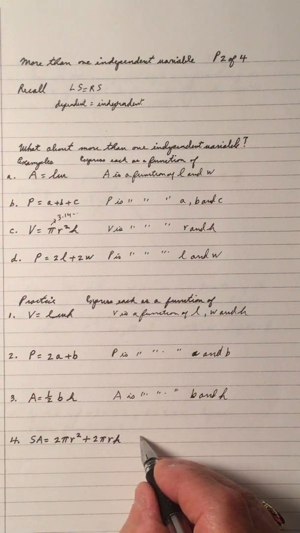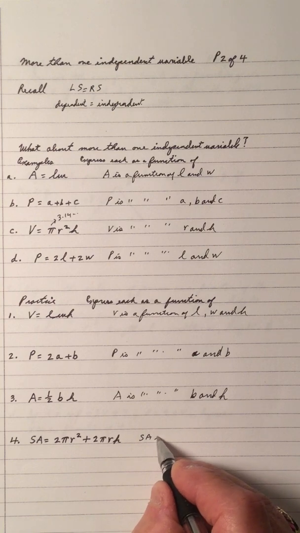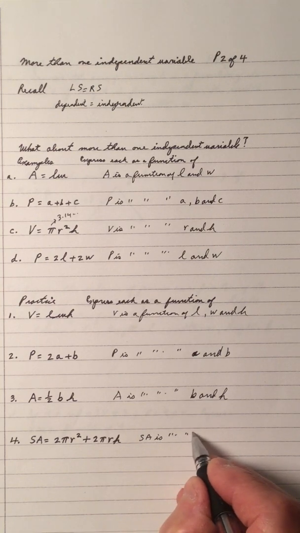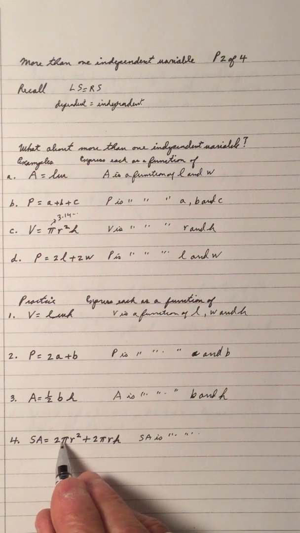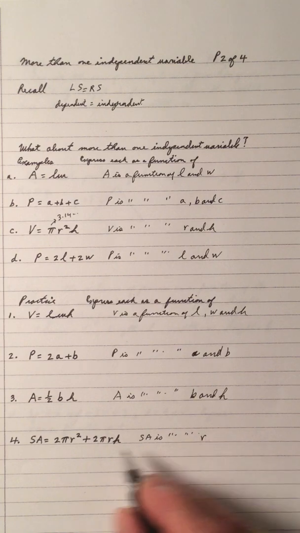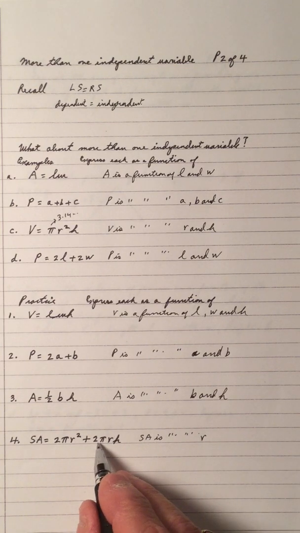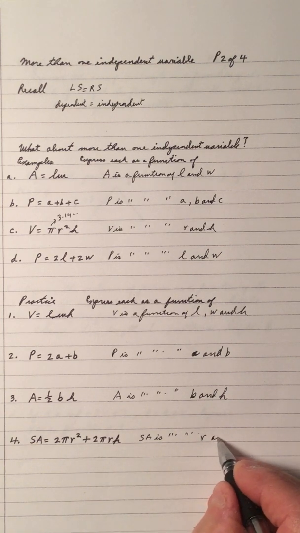And in number 4, SA, which is surface area, if you want to think of it that way, is a function of, notice we have a constant which is 2 pi, and we have an r, and r and h.